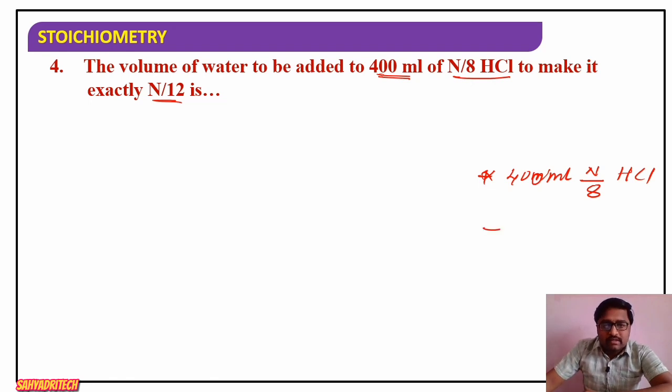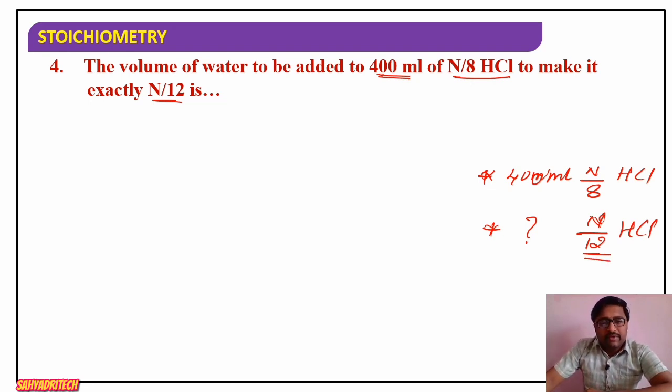What do they want? They want to prepare N/12 HCl. They are diluting. Look at the concentration, N/8 and N/12, which means the concentration gets diluted. They want how much water to be added to get exactly N/12 HCl.